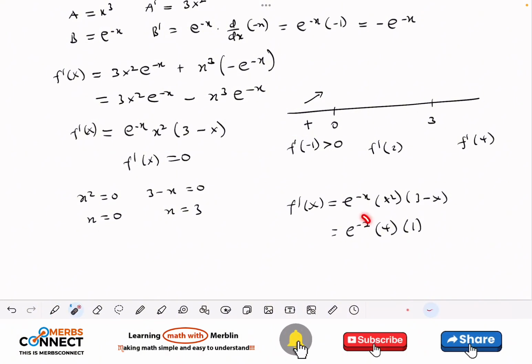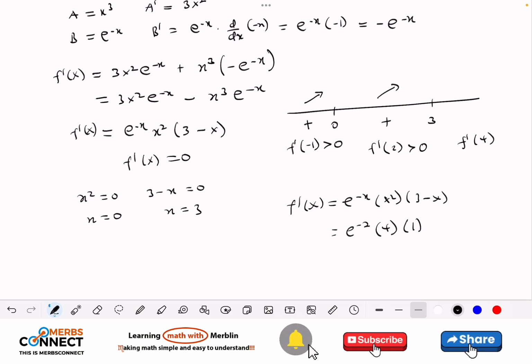But e to the power -2, is it a negative value? No, it's also a positive value. So this is also going to give us a positive value. You can check it from your calculator. And everything here is going to give us positive. So this one should also be greater than 0. So this one will be positive and also increasing.